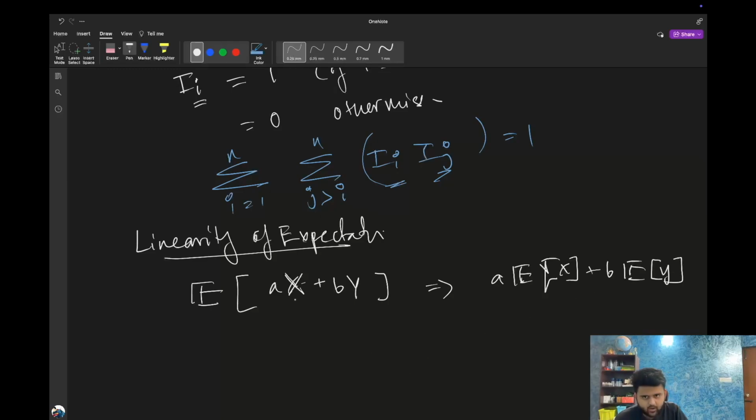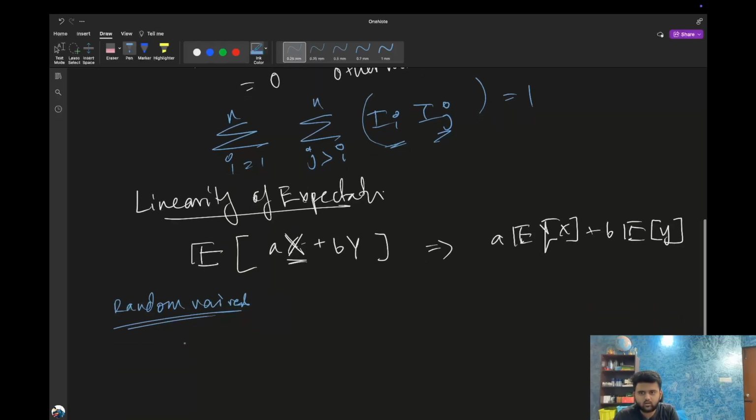I use the term random variable here, so just to give a brief idea what a random variable is: a random variable is just a function which goes from a set of events.